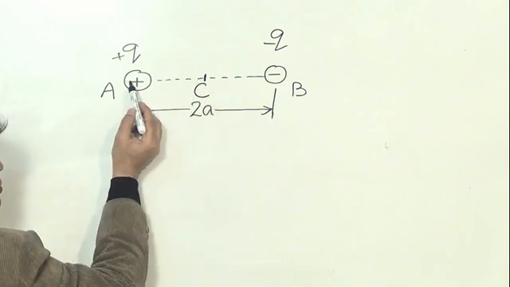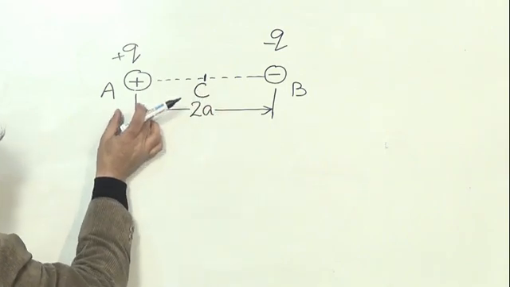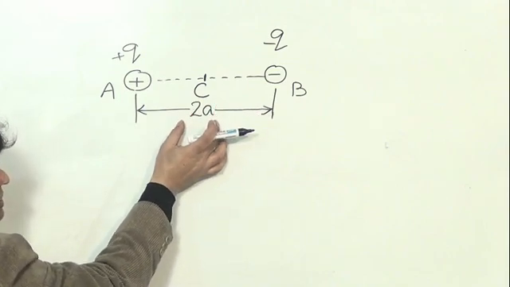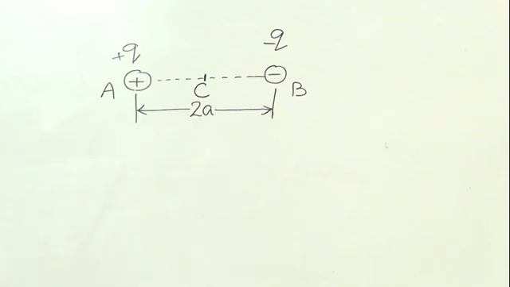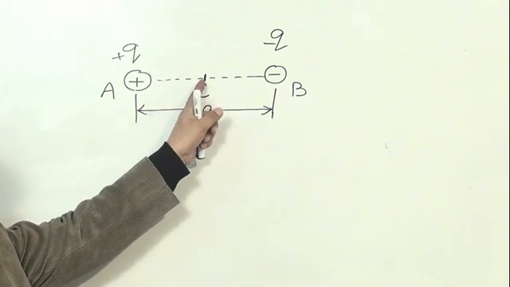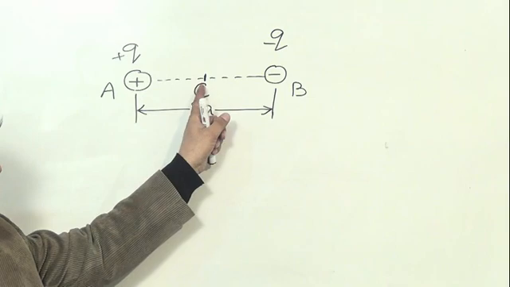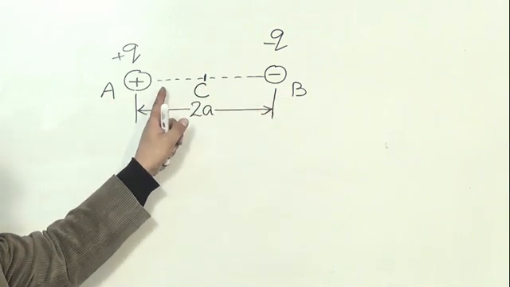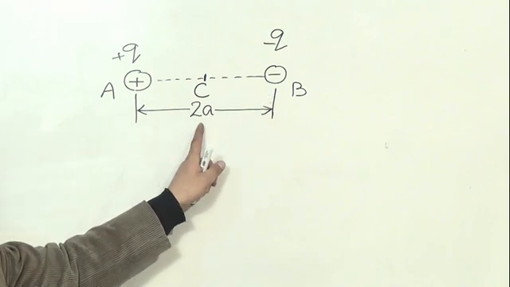From the center to A, the distance is a. That means from positive charge to negative charge, the distance we consider here is 2a. That is why I took the distance between the two charges as 2a. From the center of the two charges to one of the charges is a, and to the other charge is a. That means the distance between the two charges is 2a.